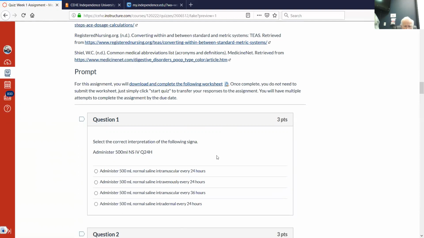I'm going to tell you right away what that means. Administer 500 milliliters. NS is normal saline, so you need to go back and look at the abbreviations, and I'm going to send you some material on that. Every 24 hours. And IV is intravenous, as you know already.